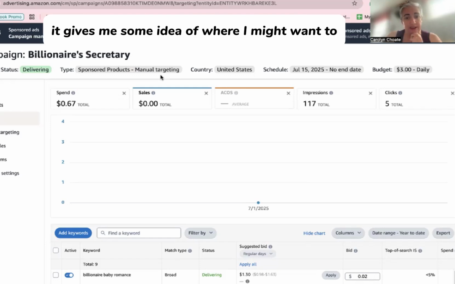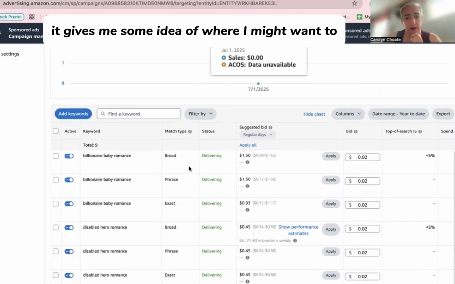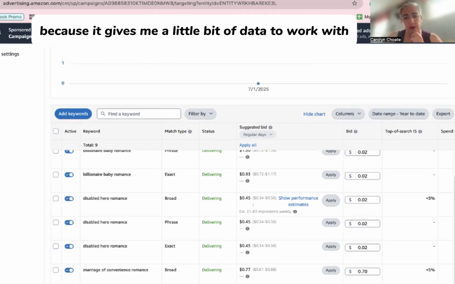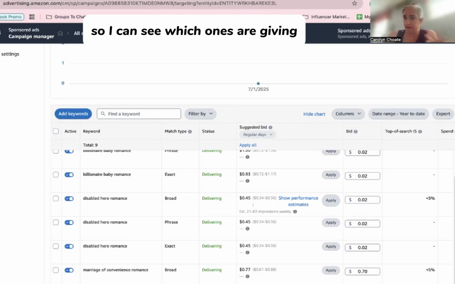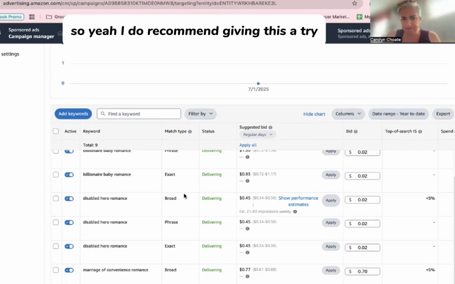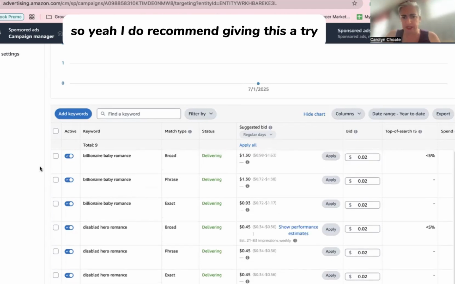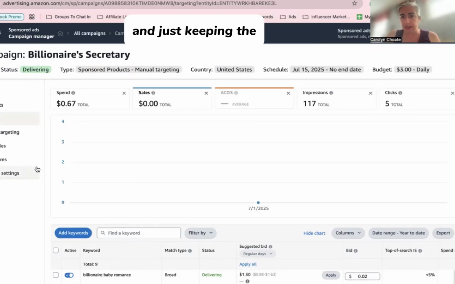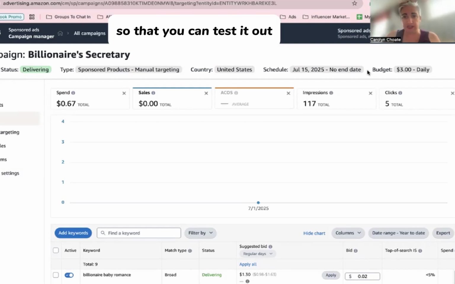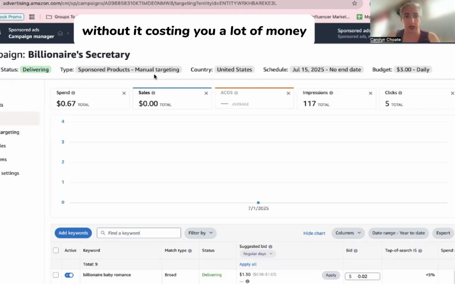And I do like that it gives me some idea of where I might want to raise the budget on a particular keyword because it gives me a little bit of data to work with, so I can see which ones are getting a little bit of something, which is very valuable. So yeah, I do recommend giving this a try and just keeping the daily budget and the bids very low so that you can test it out without it costing you a lot of money.